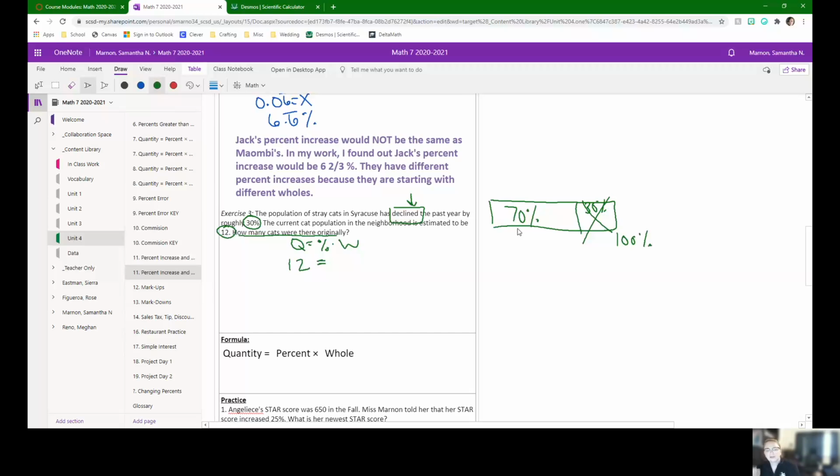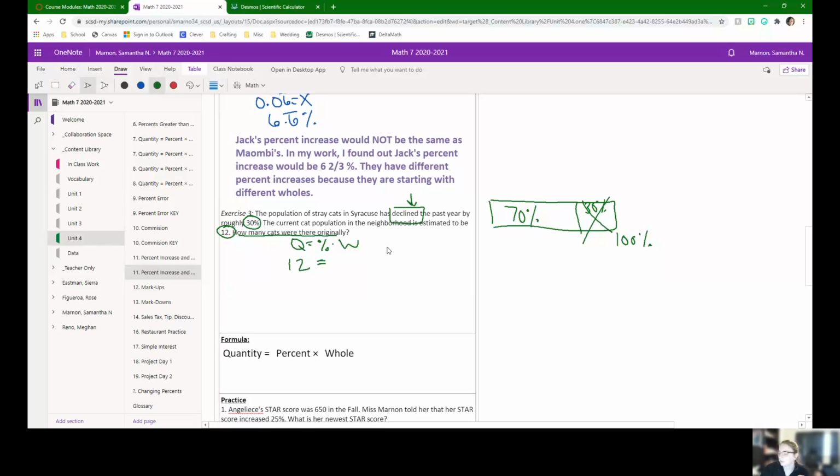So when we're using this quantity of 12, does this 12 represent 30%? Or does it represent a different percent? And in this case, because we went down 30, the 12 doesn't represent the 30. It represents how much it actually was. It's the 70.